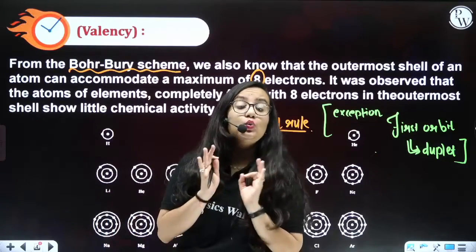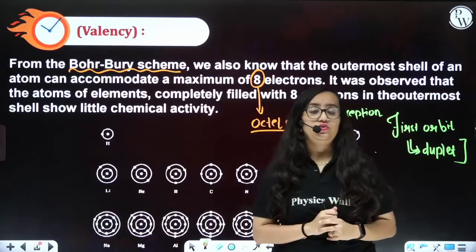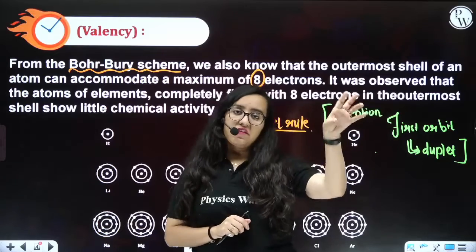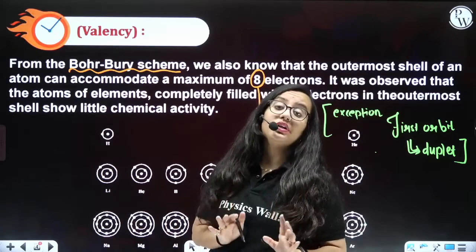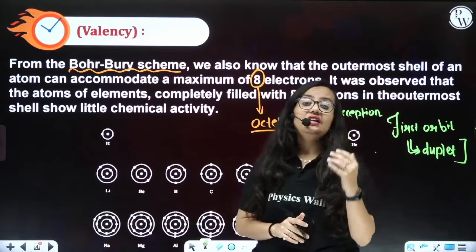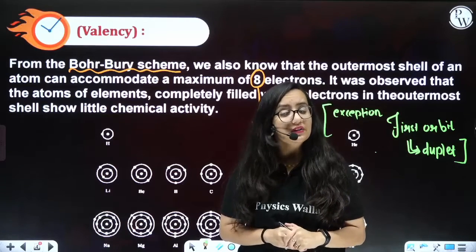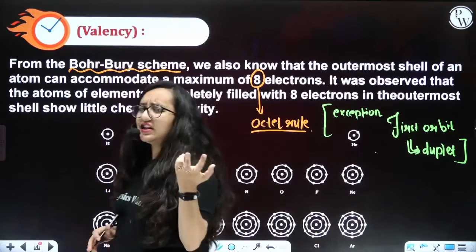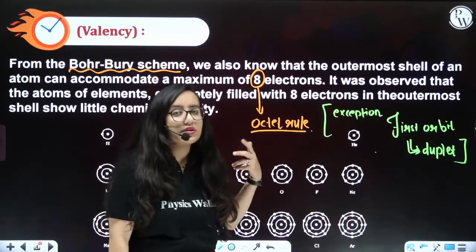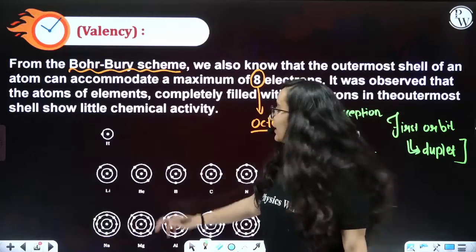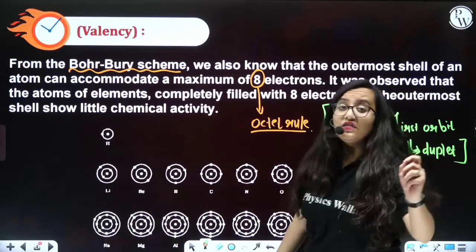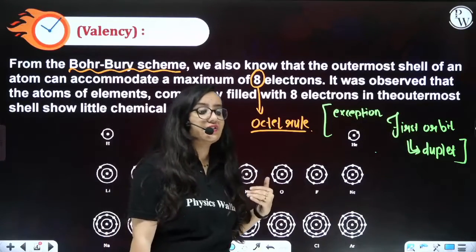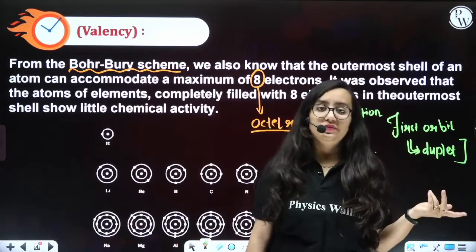But for the rest of the orbits, after the first, they can accommodate a maximum of 8 electrons. Now you must be wondering, why 8? What is so special about 8? Here we have the octet rule, which says that if a shell attains 8 electrons, it becomes stable.